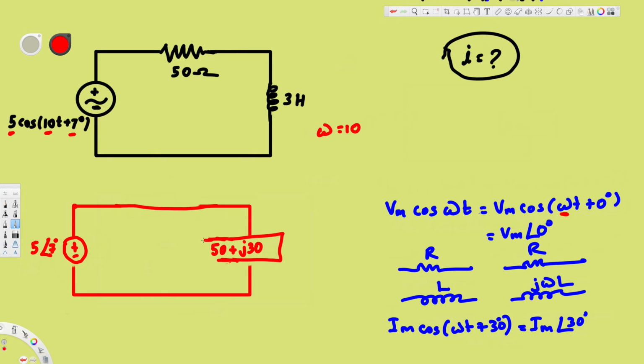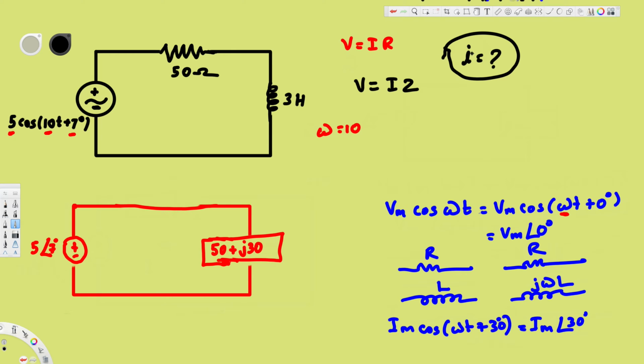Now we are going to find the current. Normally you know Ohm's law, V is equal to IR. In phasor, this is going to be V is equal to IZ. Okay, and we have to keep the I in capital in phasor. In time domain this is going to be small i.